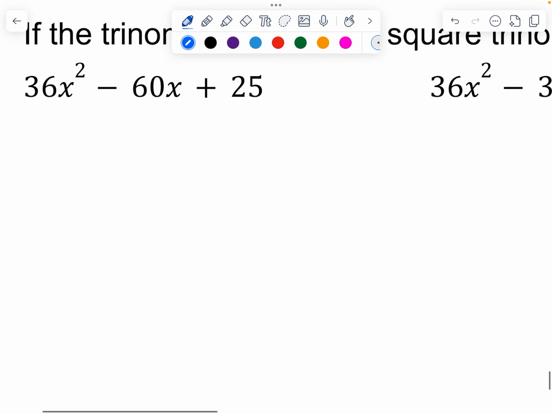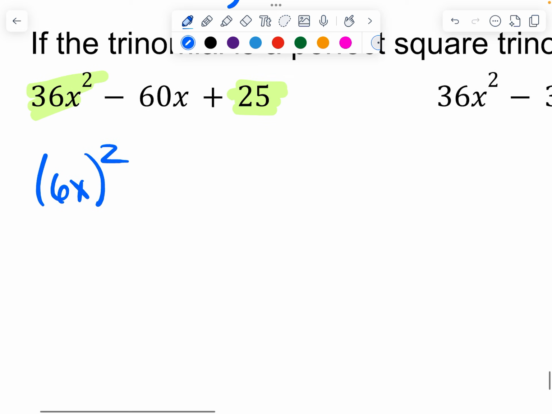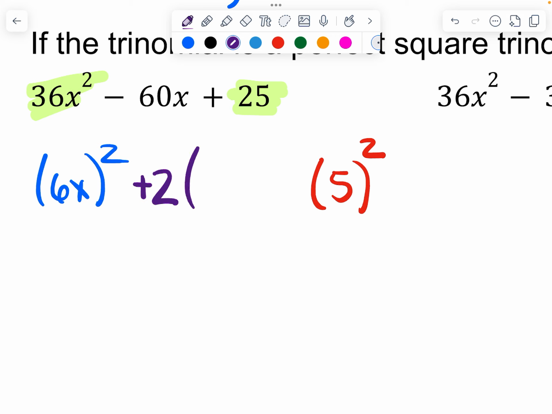Okay. Is the first term a perfect square? Is the last one a perfect square? So let's look at it. 6x all squared, and then I have a 5 all squared. Plus 2, and then in parentheses, oh, I forgot the plus sign over here again.